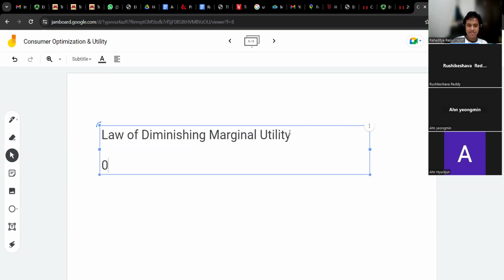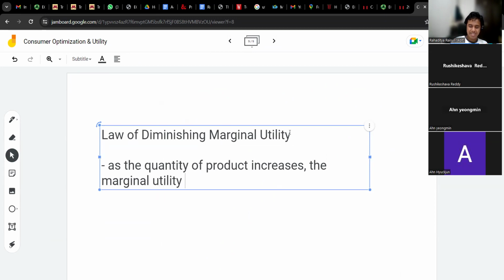Your definition of it is basically, as the quantity of product increases, the marginal utility decreases. Because as we keep buying a product, we'll be less and less satisfied by it.